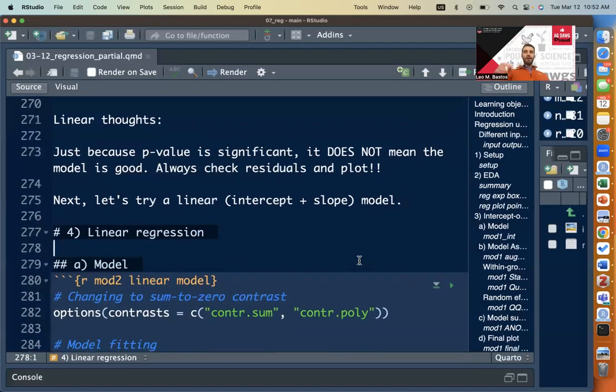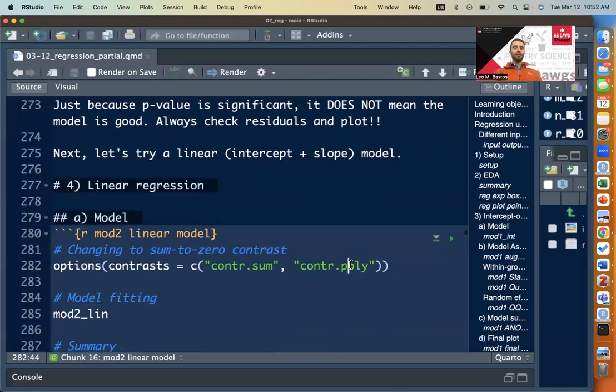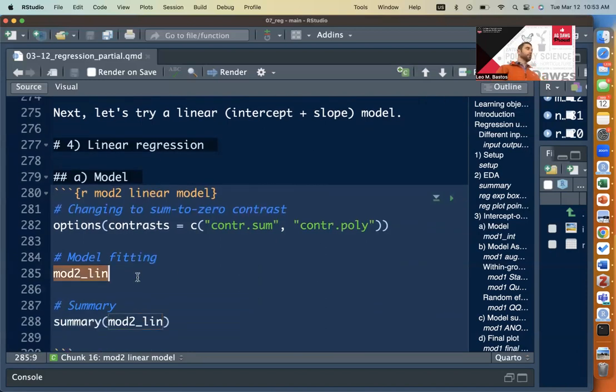Okay, so I think we can get started with the linear model here. There's a lot of the same things I left you in the code, so I just removed things that will require us to change to implement a different model. If you come here on the next chunk, we're going to run this model and save that in this object called mod2lin.